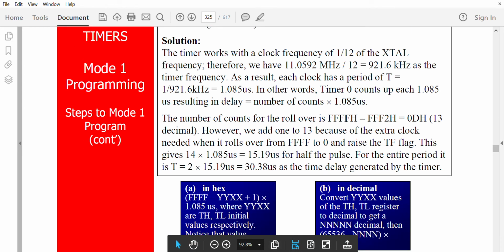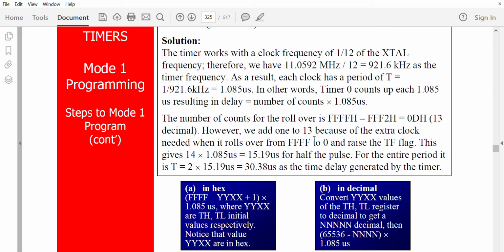So that is what is shown here. This minus this, the initially loaded value, is 13. You can just subtract and see. You can either do the hex subtraction, or you can convert each of these to decimal and then subtract. So it is 13 in decimal, and I told you that 0000 is also taken because only then TF will be equal to 1.